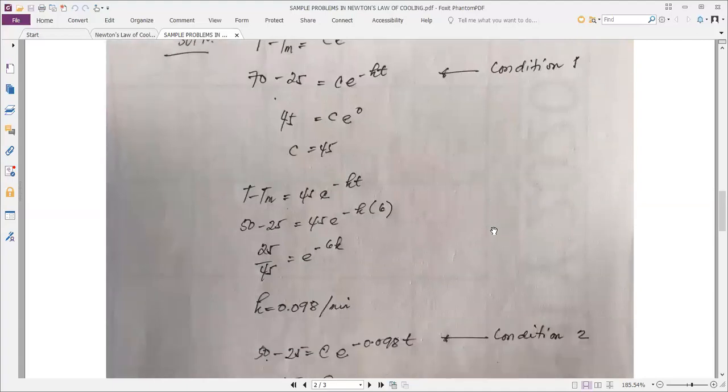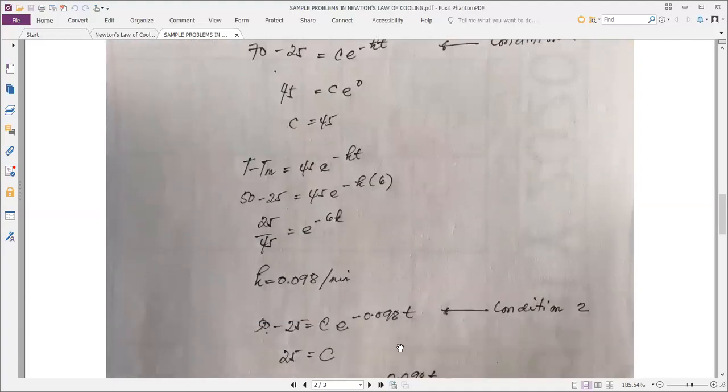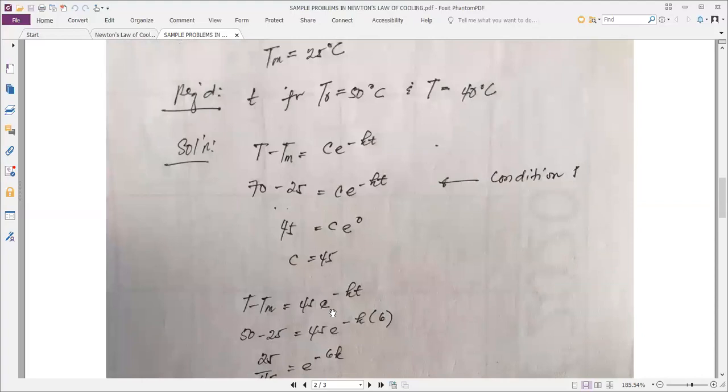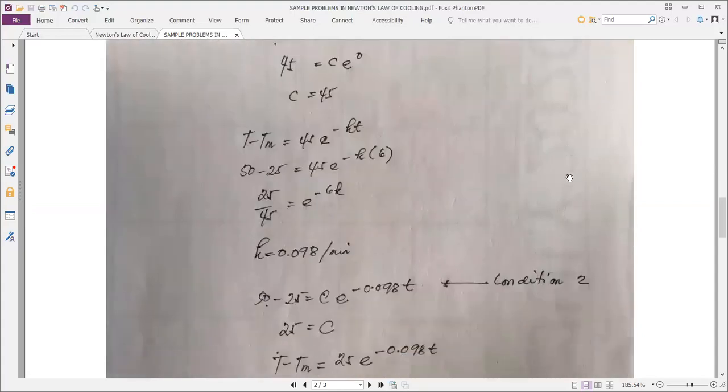Let's see if my answer here will be correct because I did an experiment here, and let's see if this will work. So you will determine now the time for the temperature of the object to decrease to 40 from the temperature of 50. Can you do that? I'll give you 3 to 5 minutes to do that.